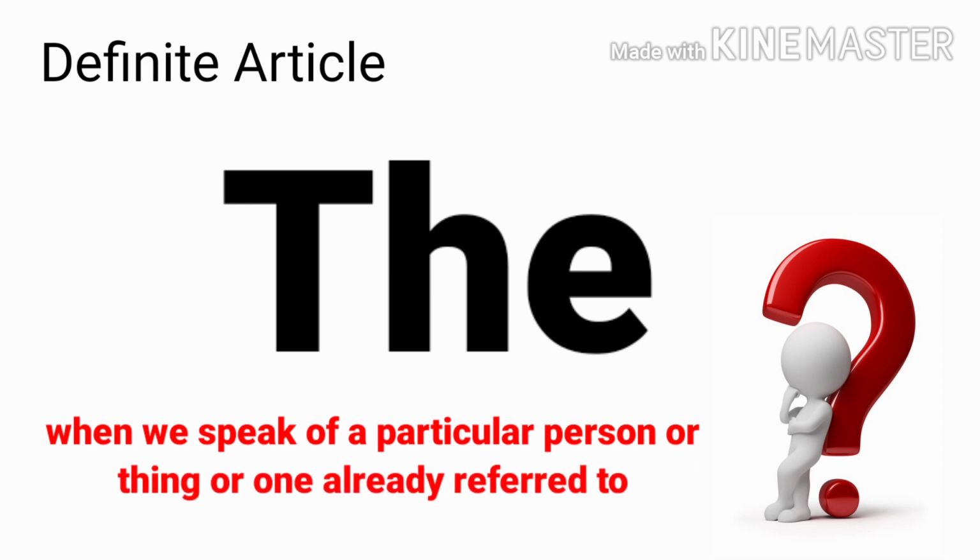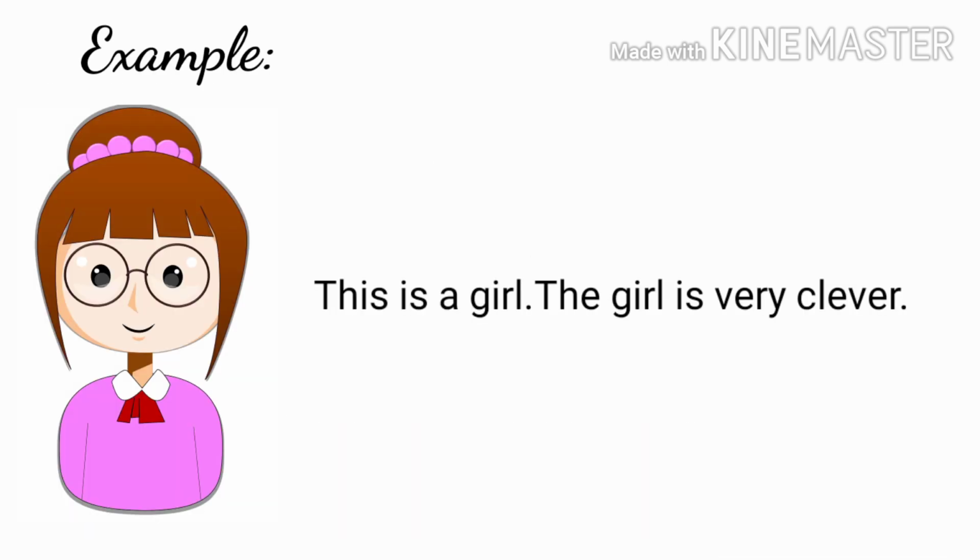Now students, you see how we can use definite article the. The is used when we speak of a particular person or thing or one already referred to. You see an example, this is a girl, the girl is very clever. In these two sentences, we use two different articles, a and the.